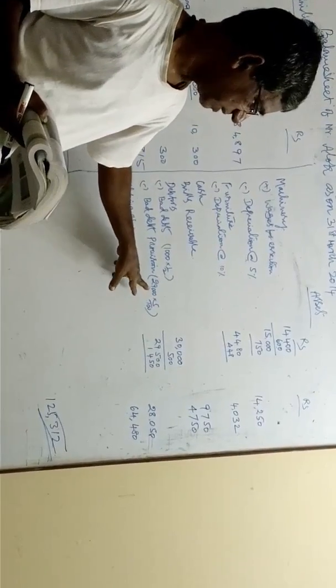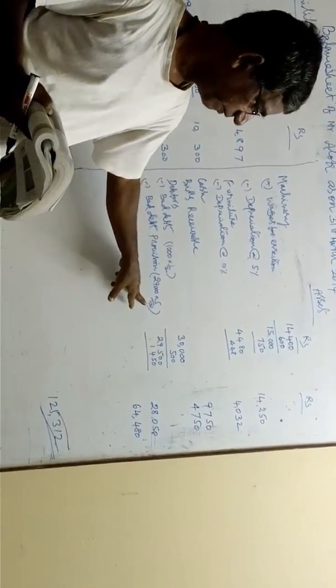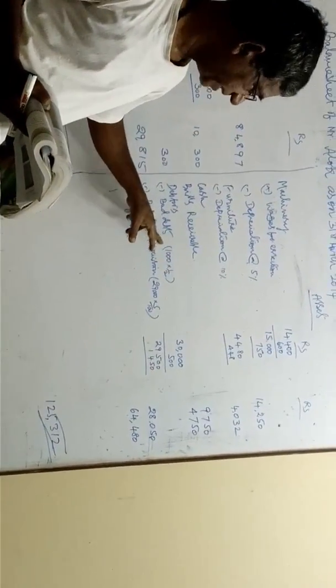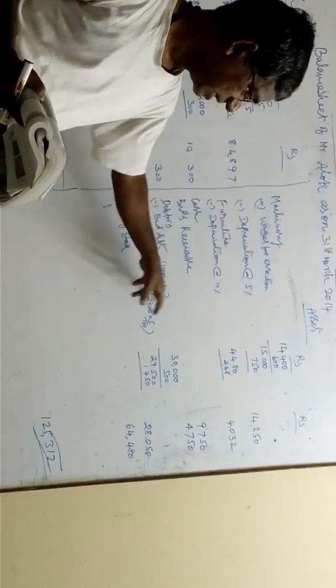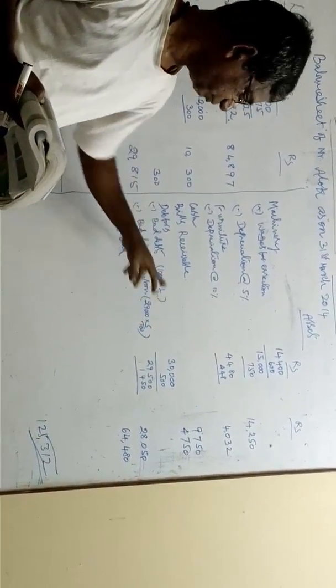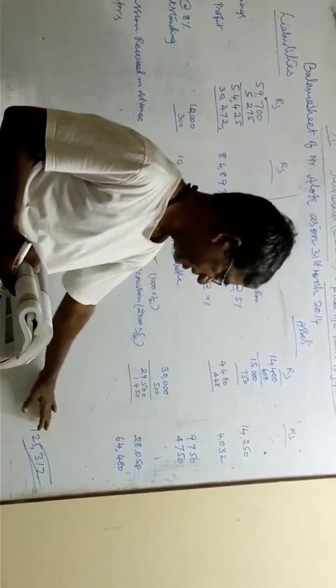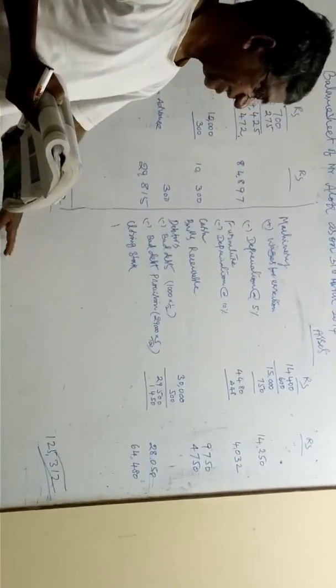Therefore, that 1,000 is to be subtracted. On the remaining 29,000, only 5% is calculated. These two, bad debts and provision, are the current year's amounts and should be subtracted in the balance sheet. Now closing stock. After adding both sides, you get the same amount. Now the balance sheet is tallied.